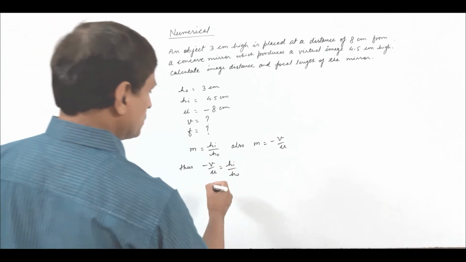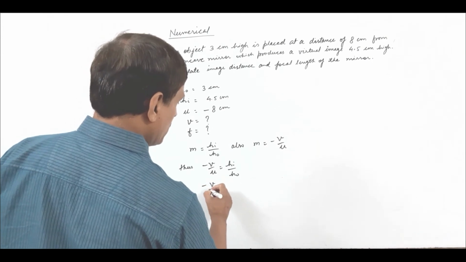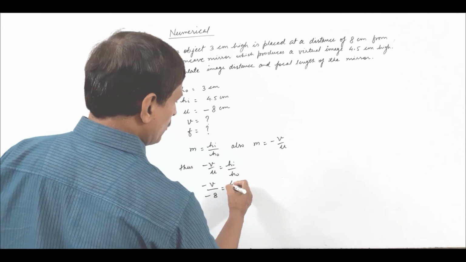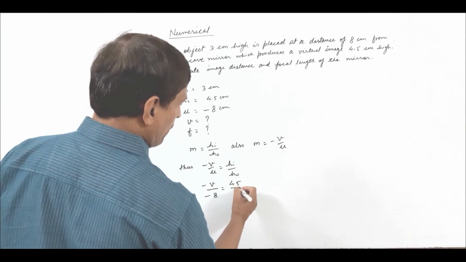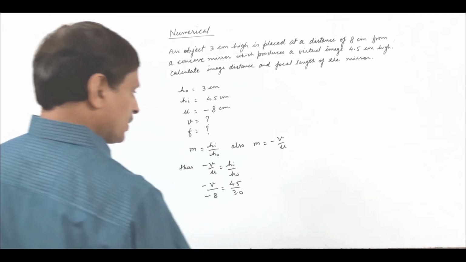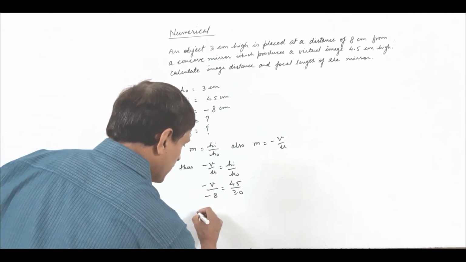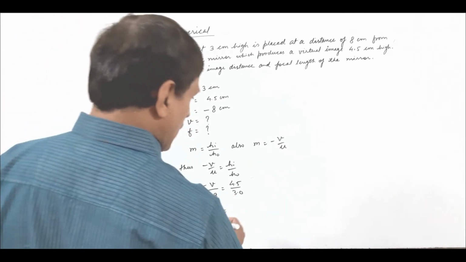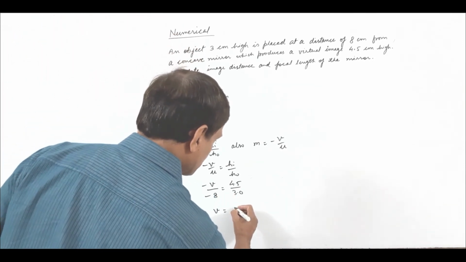Putting the values, minus v upon minus 8 is equal to 4.5 upon 3.0, and it implies v is equal to 12 centimeter.